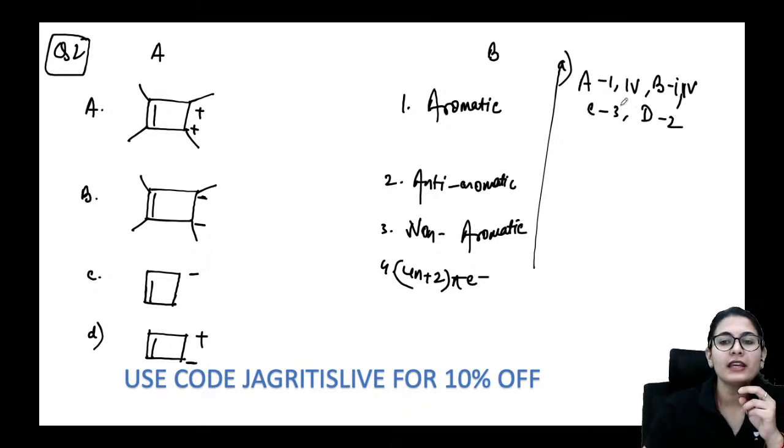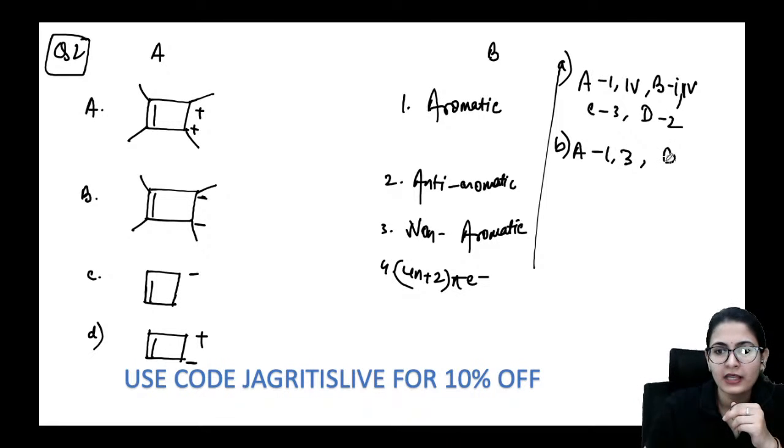That is, A could match with 1 and 4. B could match with 1 and 4. C could match with 3. D could match with 2. Second option: A could match with 1 and 3. B could match with 1 and 2.